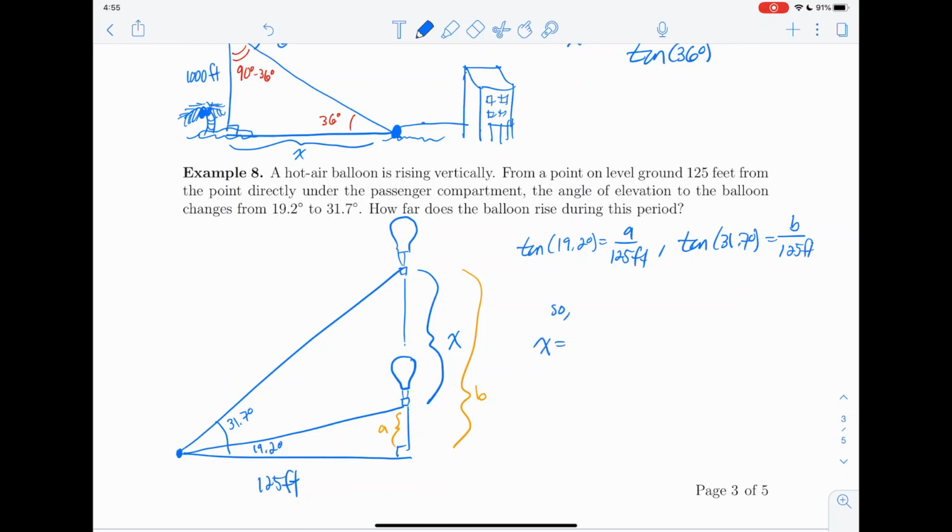So x is equal to B minus A, which is 125 times the tangent of 31.7 degrees minus the tangent of 19.2 degrees, and then we'll use our units. We'll call them feet. Again, units, very important.